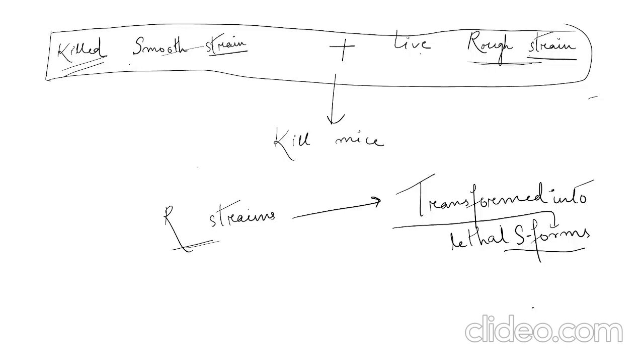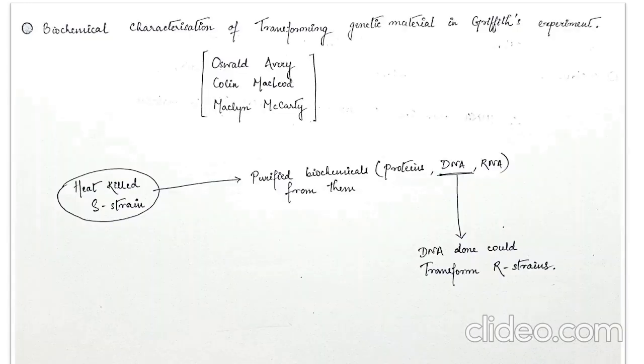Now his experiments were carried forward by another group of scientists, Oswald Avery, Colin MacLeod and Maclyn McCarty. They took this heat-killed S strain of bacteria.